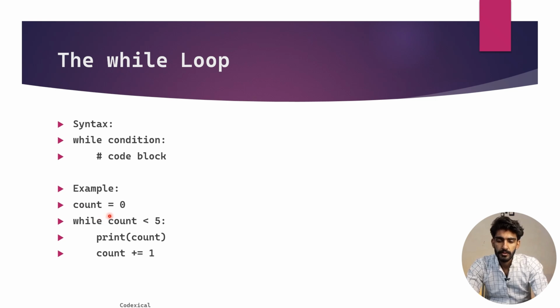In this, count is a variable assigned 0 as a starting point, and then the while condition: count is less than 5, colon. This means if the count is less than 5, it will run. So it will print count and then go to count plus equal to 1.